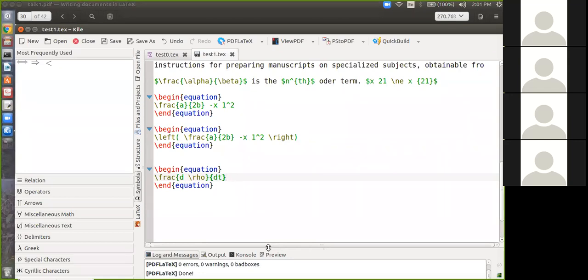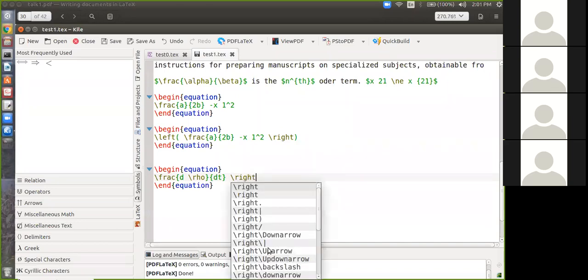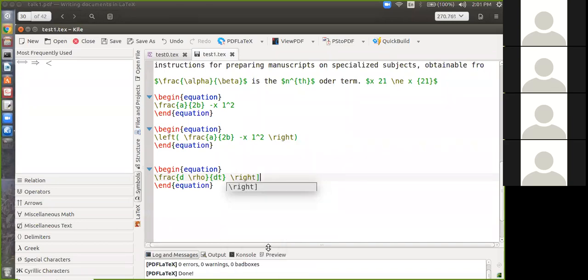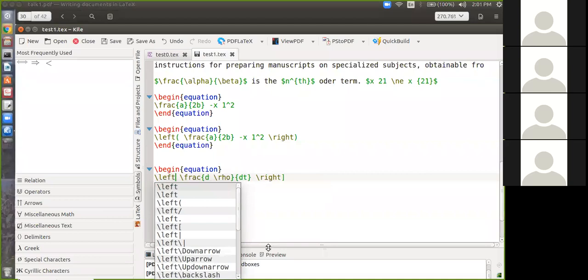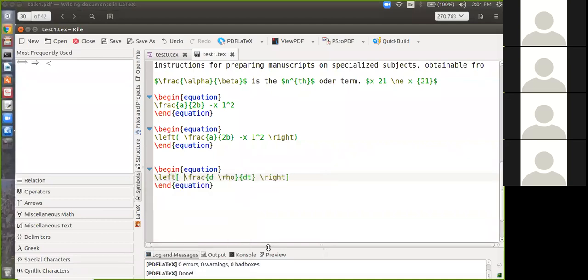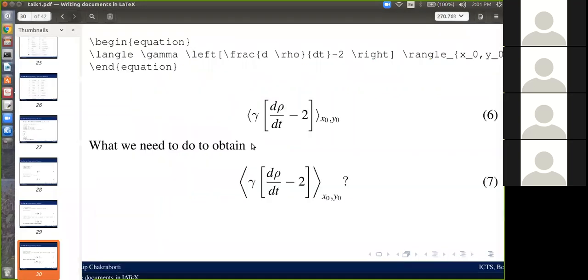Now you need to cover it by large third bracket. So slash RIGHT, right, third bracket. And slash LEFT, left third bracket. Till now, what we have? Let me check, compile it. Yeah.